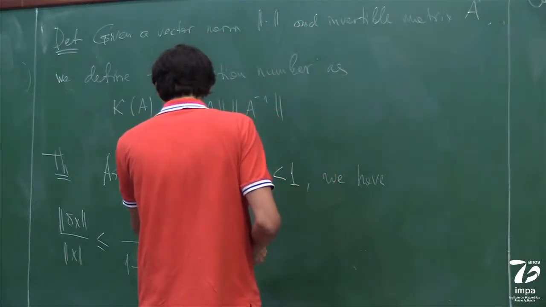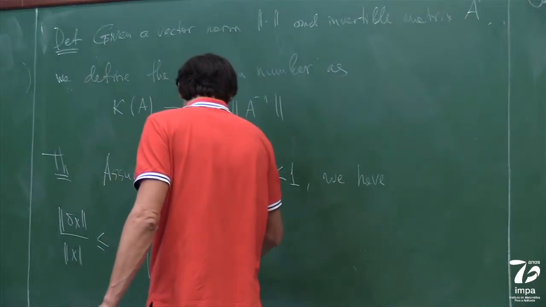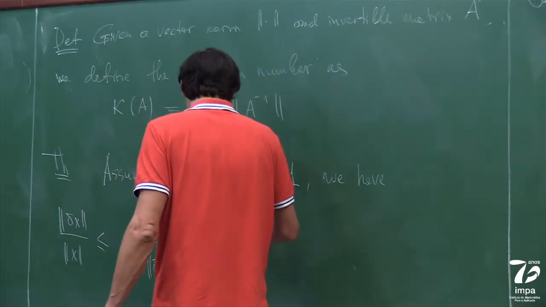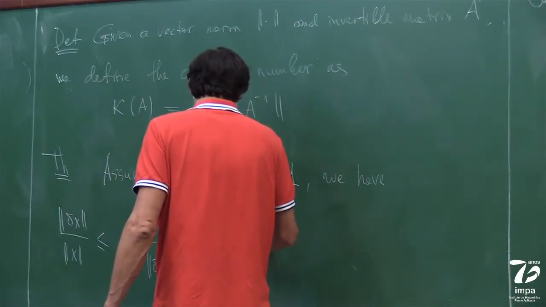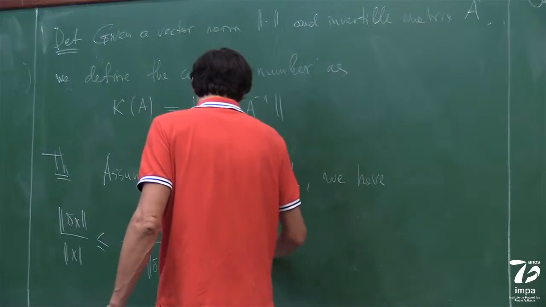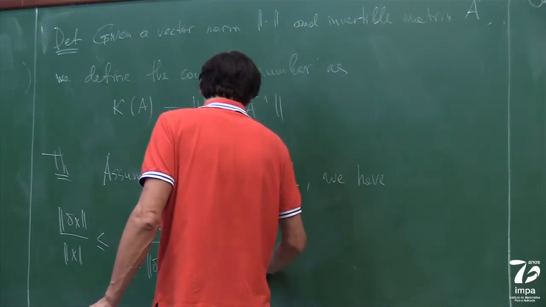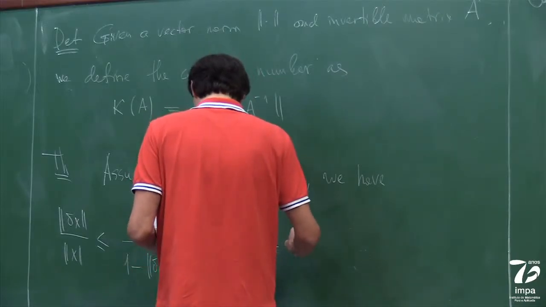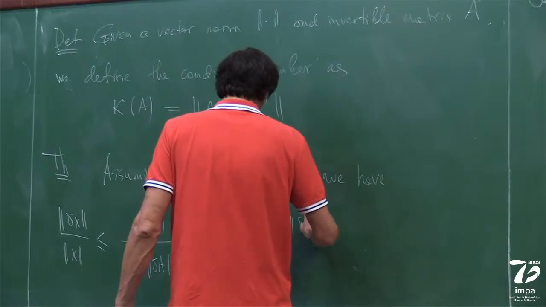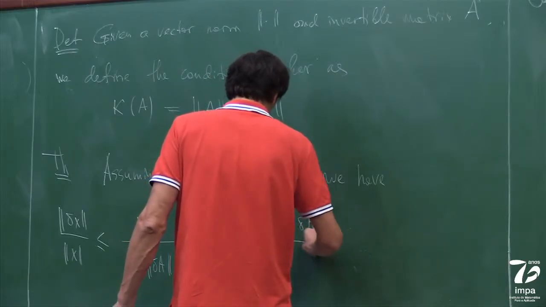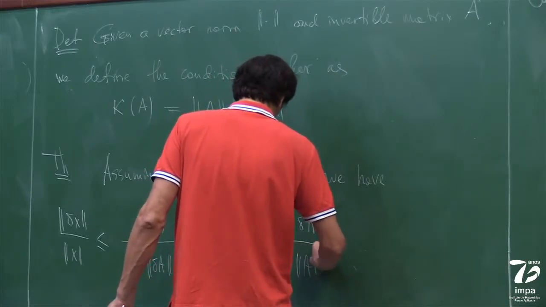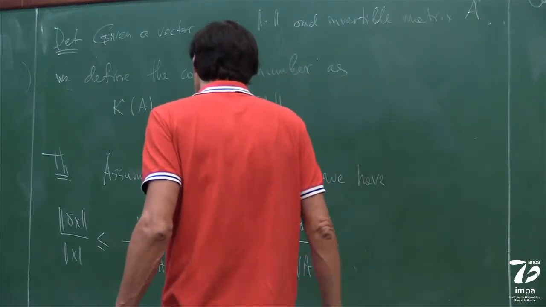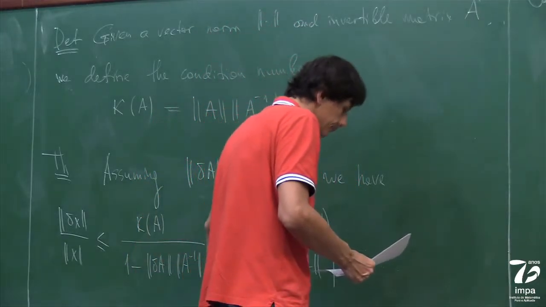So this condition number is important. And then it's multiplied by the sum of the relative errors of the input: the relative error of the right-hand side plus the relative error of the matrix. So this is the theorem.